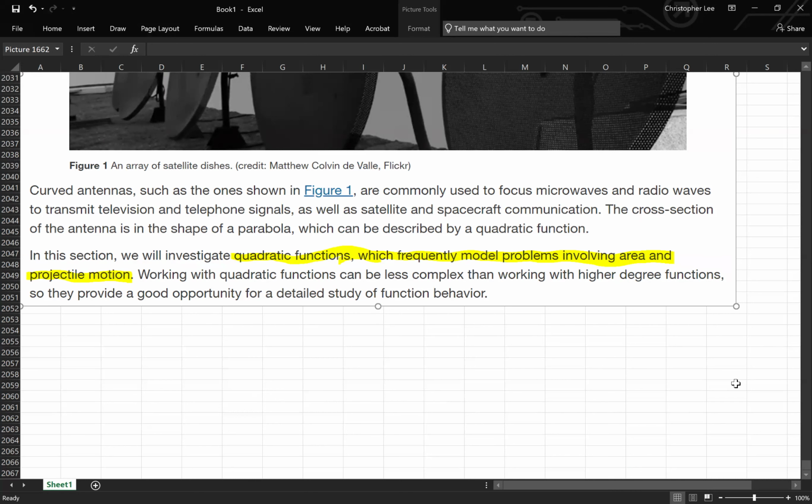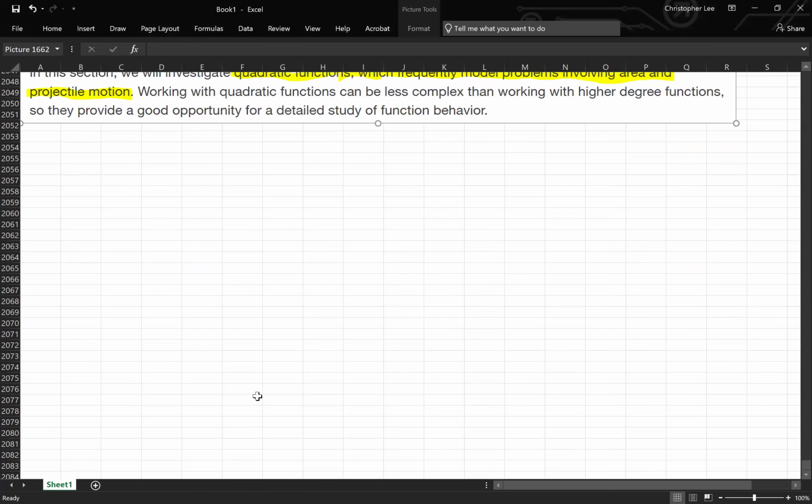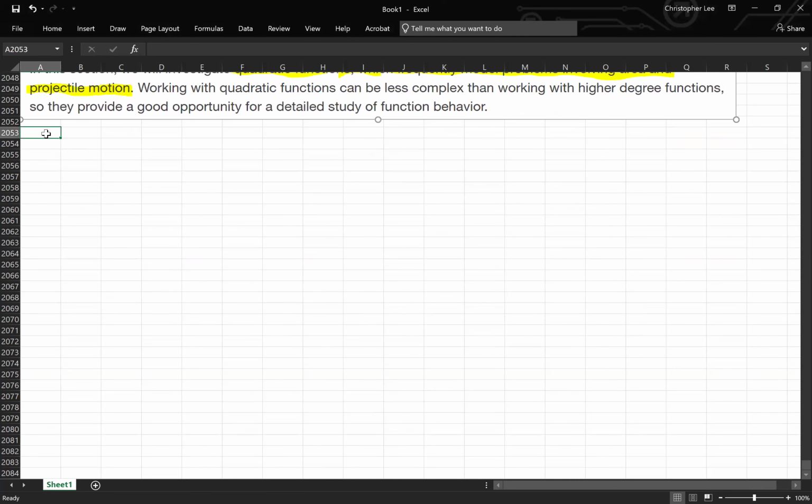Working with quadratic functions can be less complex than working with higher degree functions, so they provide a good opportunity for a detailed study of function behavior. I promise you this is going to be real easy. First, let's just talk about the characteristics of the parabola, and then we'll get into the nitty-gritty details.